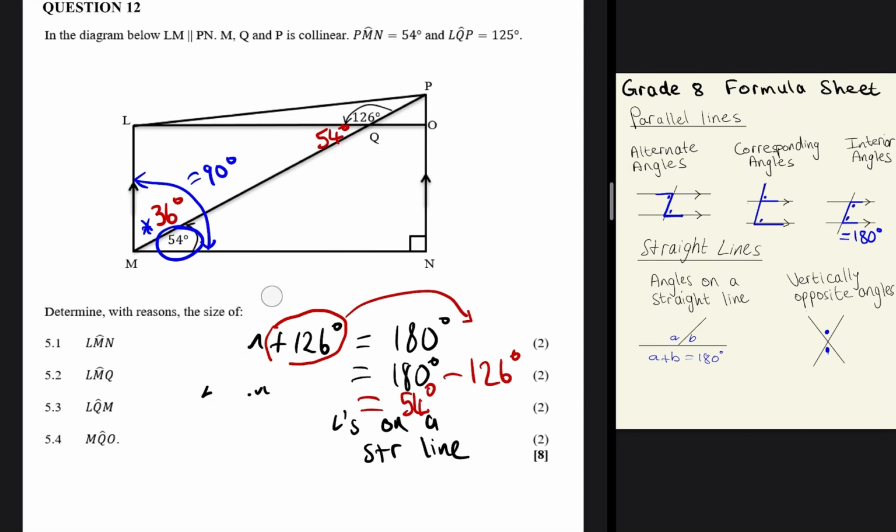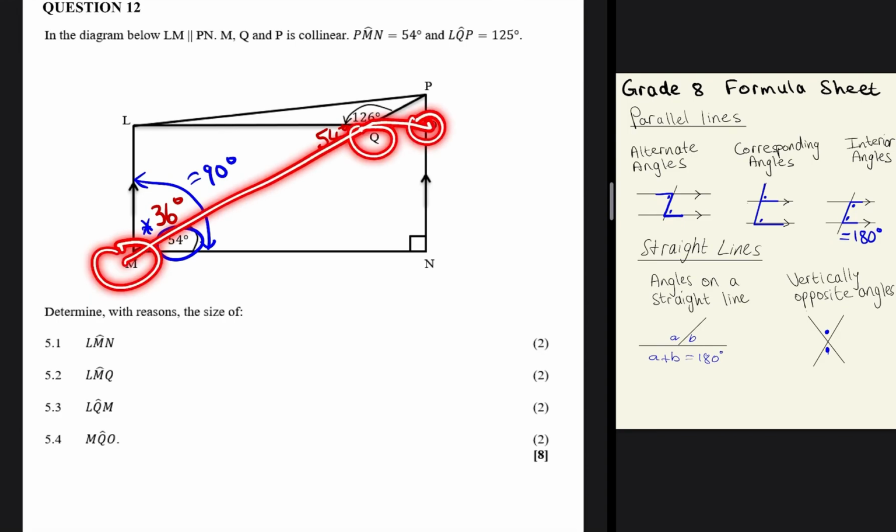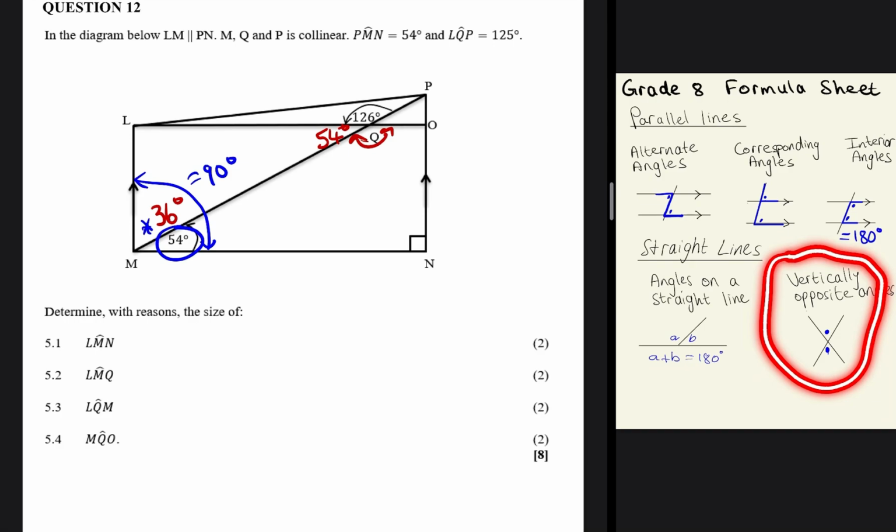Let's do the last one. The last one is MQO. So where's MQO? We're looking at this angle, that angle over there. So that's the angle we have to work out, this one over here. So let's see the rules that we have. Here we have vertically opposite angles. And vertically opposite angles, as you can see, you have the two lines and the two angles opposite each other.